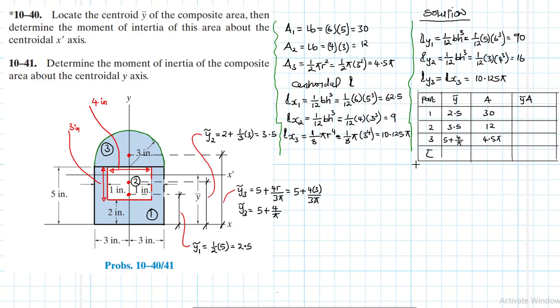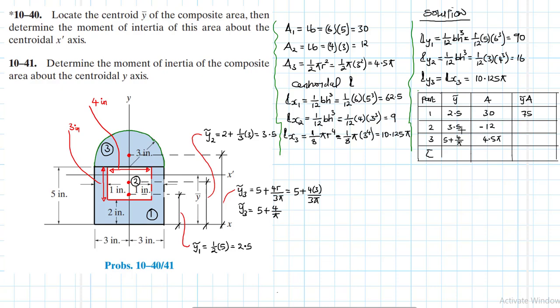Then the product, we have 2.5 by 13. This gives us 75. Okay, and then 3.5 by 12. Let's not forget to say this area for part number 2 is minus.